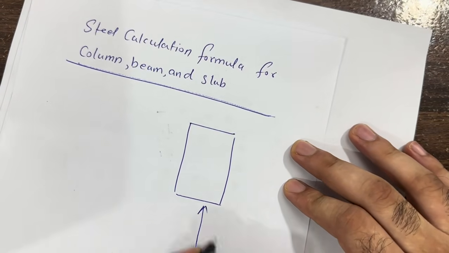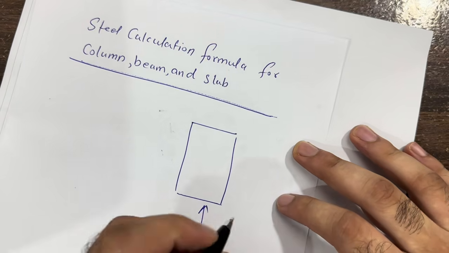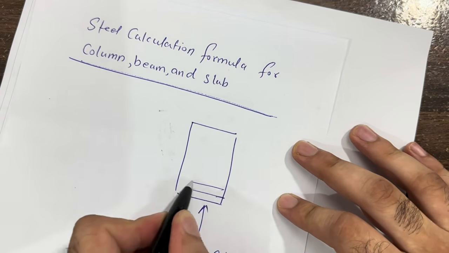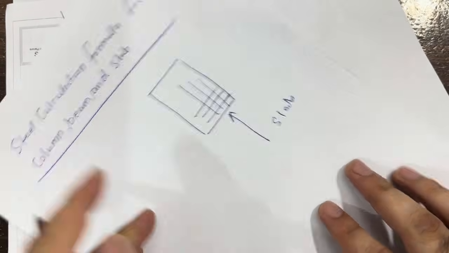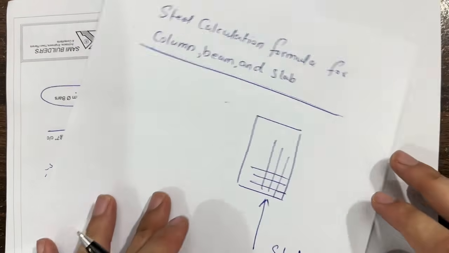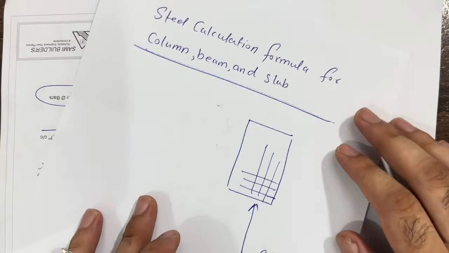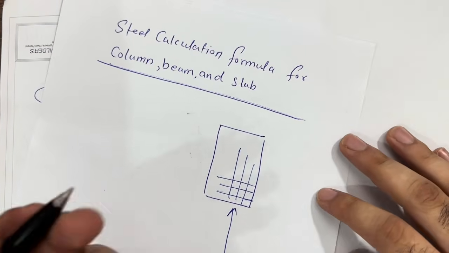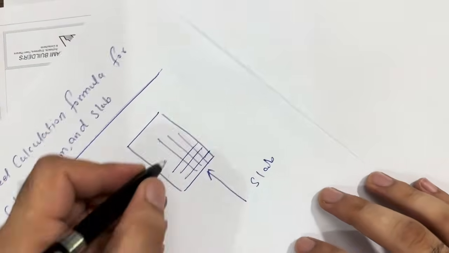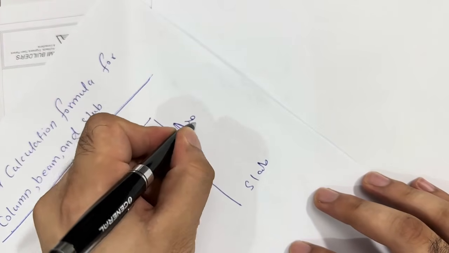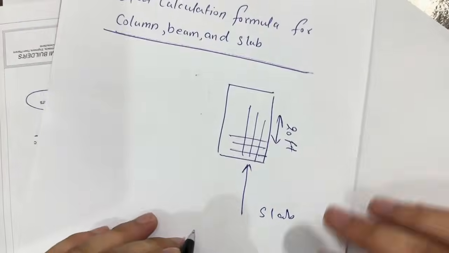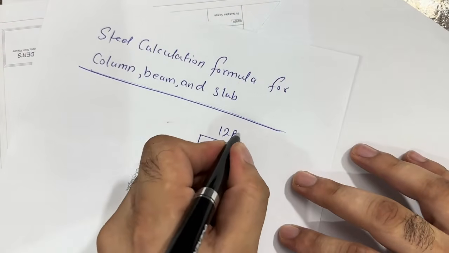So this is the slab, okay? And you can see these are main bars and these are distribution bars. First of all, you will find the total number of main bars and the total number of distribution bars. For example, this is 20 feet and this is 12 feet.